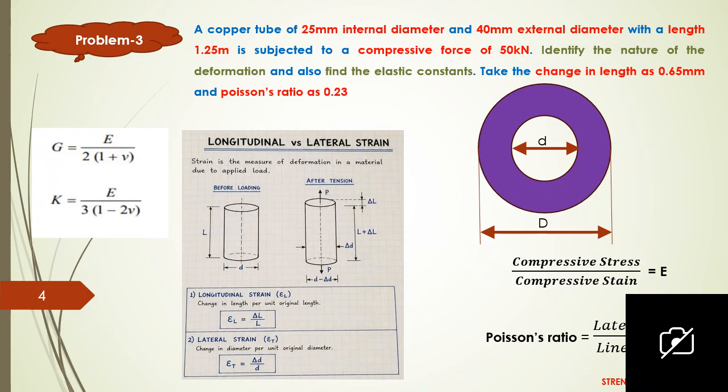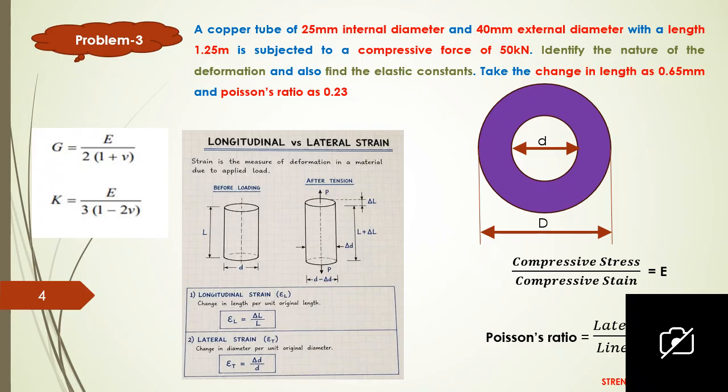So this is the third problem. A copper tube of 25 millimeter internal diameter and 40 millimeter external diameter with a length of 1.25 meter is subjected to a compressive force of 50 kilonewton. Identify the nature of the deformation and also find the elastic constants.